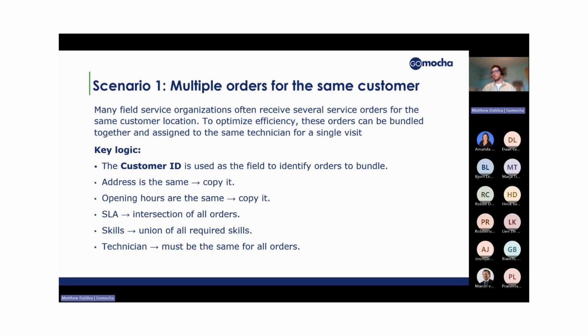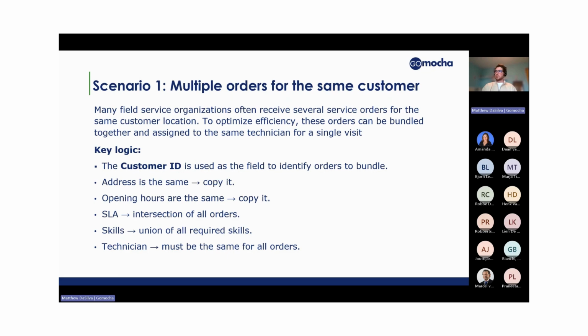So basically, if you have one order with a shorter and one order with a longer SLA, the project will have an SLA with the combined dates and the combined duration. The skills are a union of all required skills for the orders that are going to be bundled, and the technician must be the same.